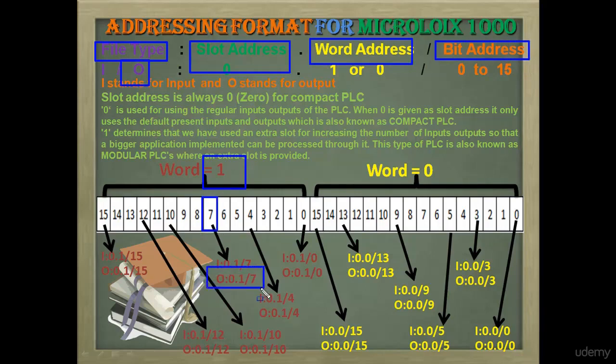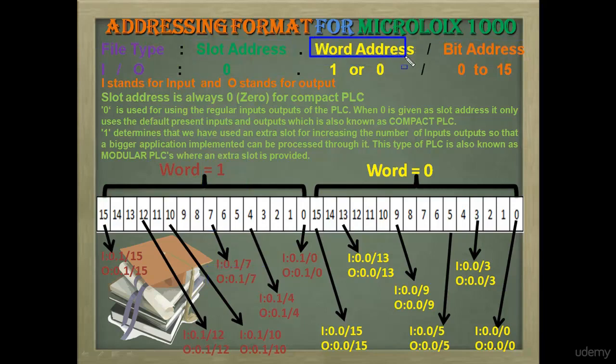Now the address for this bit is O colon 0.1 slash 7. Here we use word 1 because the bit 7 is present in this word and this word number is 1. If we want to give the address for the word 0 bit 7, then the word would be 0.